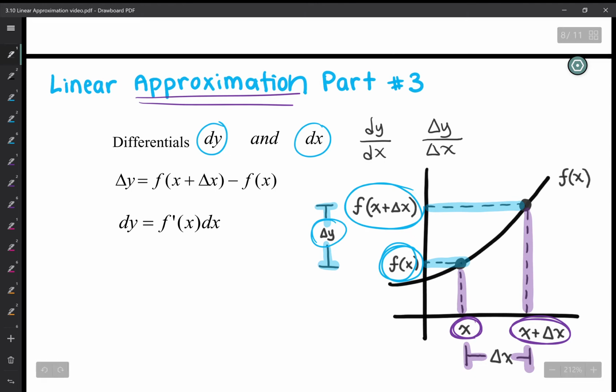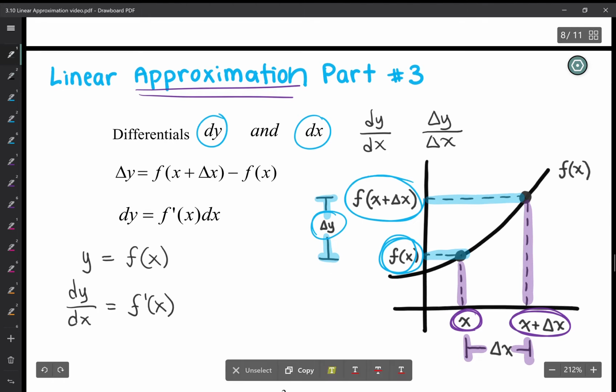Now, differentials are differences that are infinitely small, or infinitesimals. So this has to do with instantaneous differences. This dy is equal to f prime of x dx comes from if we have y is equal to f of x, then when we take the derivative of this, this is equal to dy dx is equal to f prime of x.